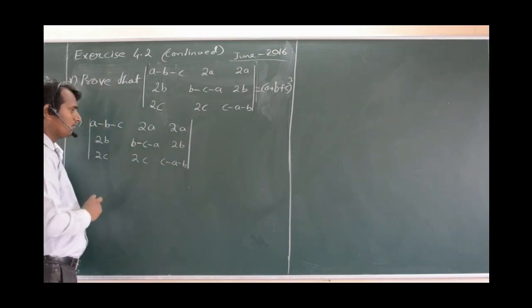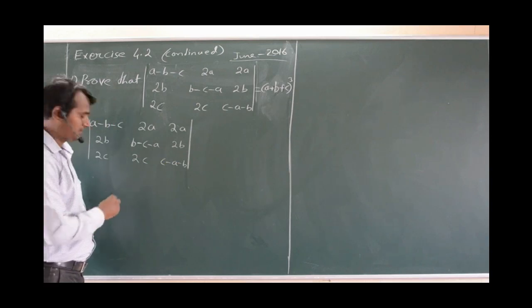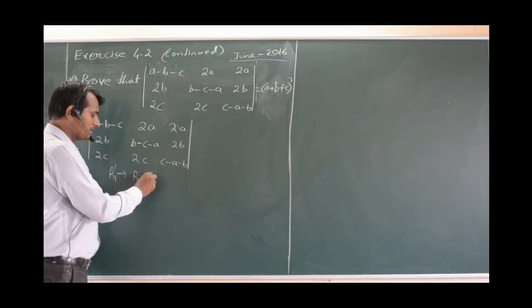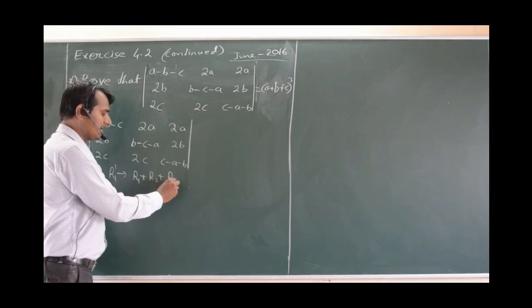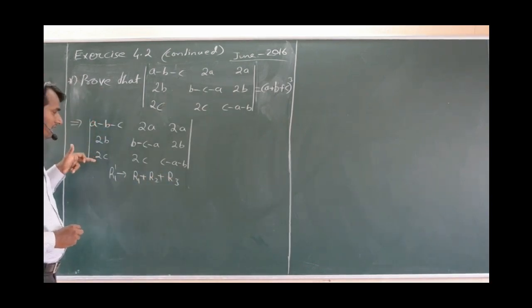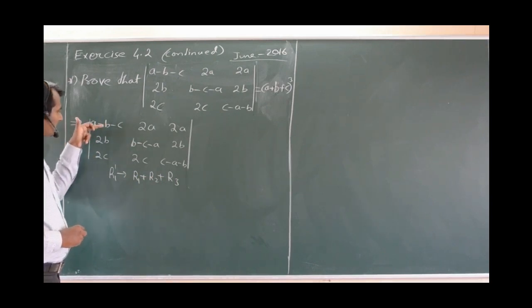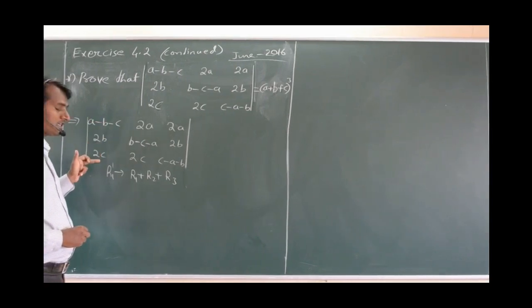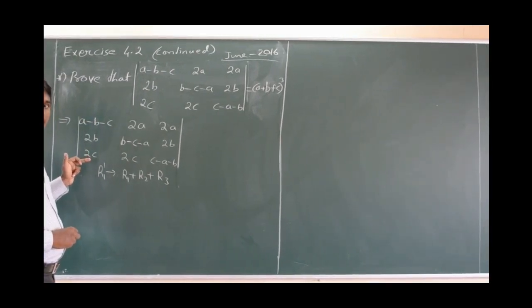Now I will make use of a row operation, that is R1 dash equal to R1 plus R2 plus R3. I am adding all these three. Adding, we get minus b plus 2b, which is plus b, and minus c plus 2c, which is again plus c.